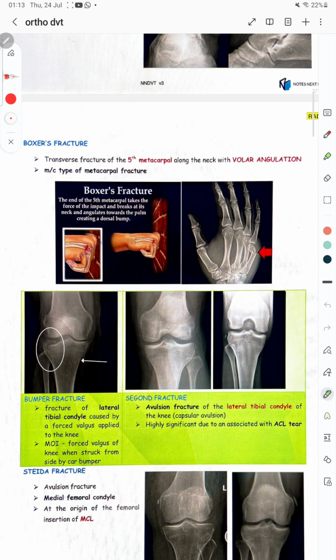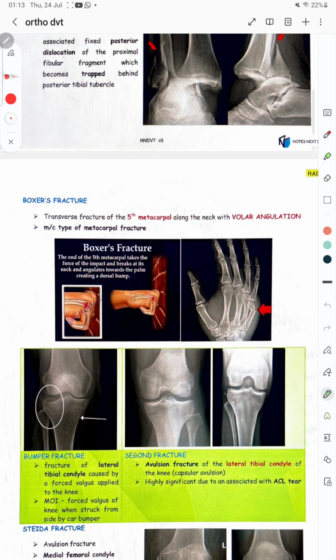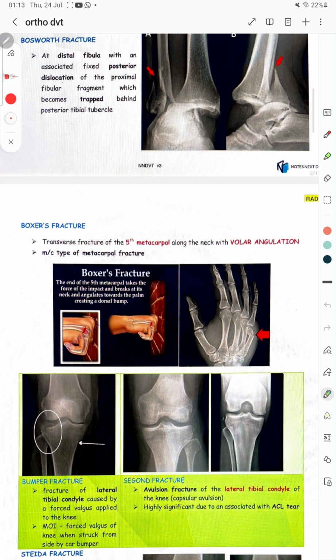Then boxers. So very beautiful picture is given here for boxers. Transverse fracture of fifth metacarpal along the neck with volar angulation, and boxer's is the most common type of metacarpal fracture. So fifth metacarpal fracture along the neck with volar angulation, so it is coming down.